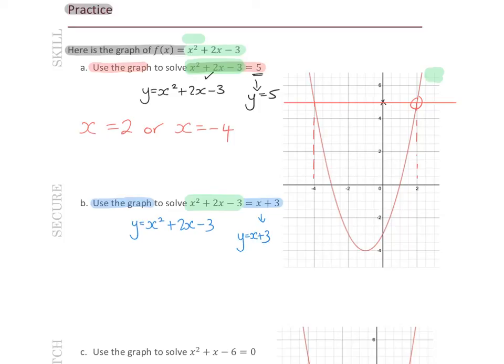So remembering what I know about straight lines, that goes through 3, that's the y-intercept, and it has a gradient of 1. So it's going to go like this with a gradient of 1, so along one, up 1. And that gives me my answers, 1 here, so that's 2 as well, which is fine, and this one, that is x equals minus 3.